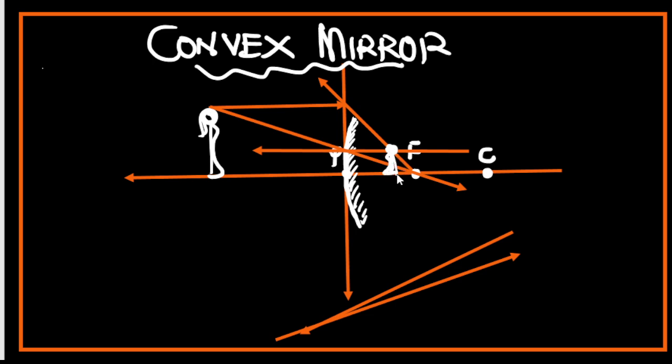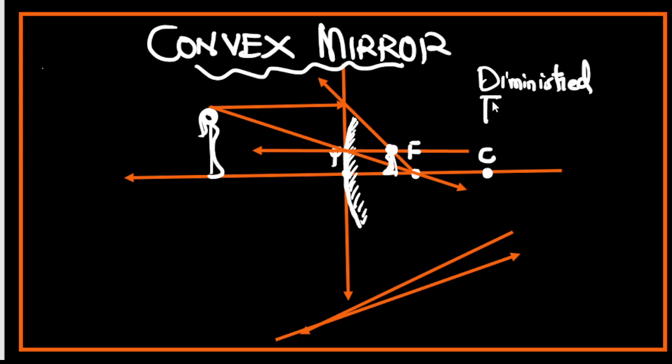So if you compare the image to the object, what can you say about the image? Diminished. Okay, it is diminished. What about its orientation, erect or inverted?